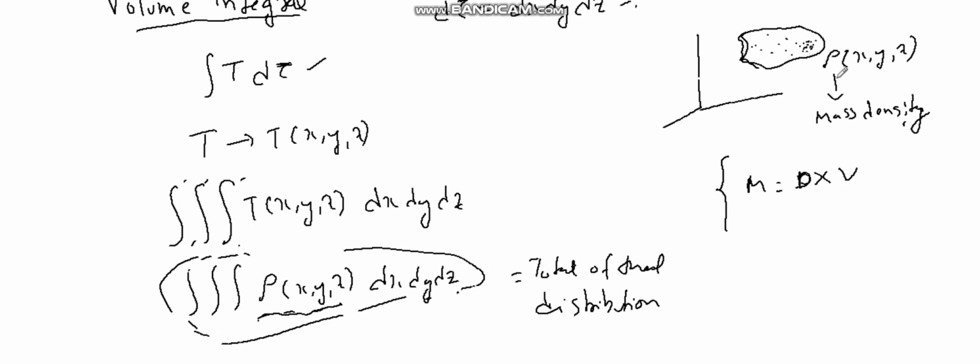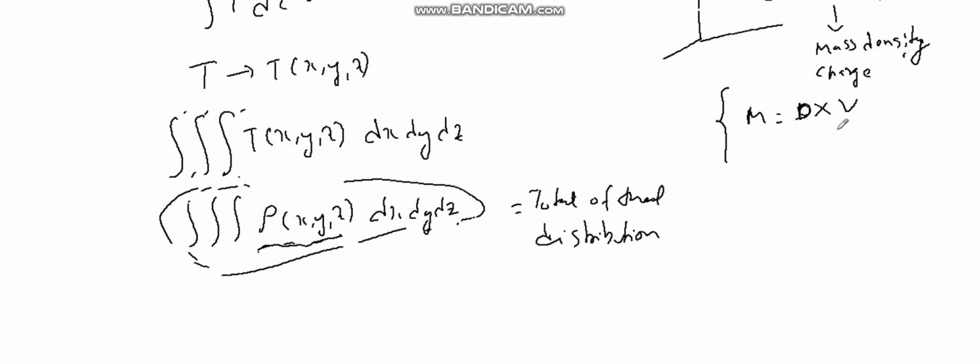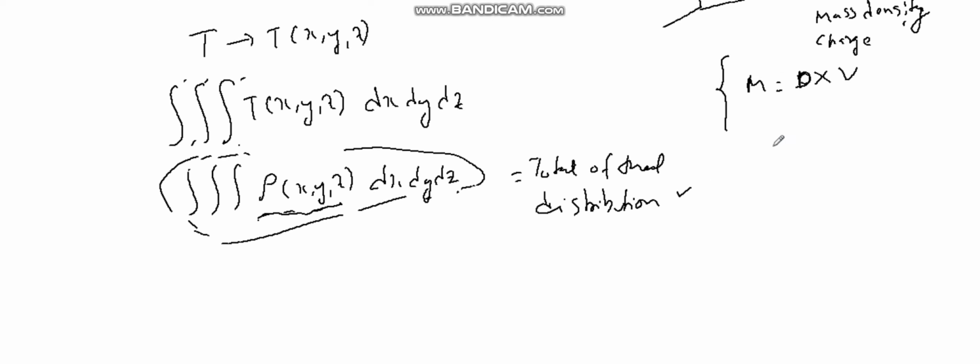And yes, in a similar way, instead of this mass density, we can have this charge density. So instead of getting the total mass of the distribution, we can get the total charge of the distribution, and this is going to be used in electrostatics.